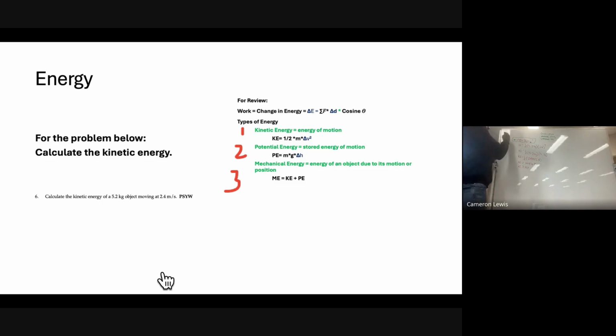Now, this was the physics part. This is just math. I plug in the numbers into the equation. I square this 2.4, I get 5.76, then I multiply that by this here. And I multiply by 1/2, or you could divide by 2, to get 14.976, or about 15.